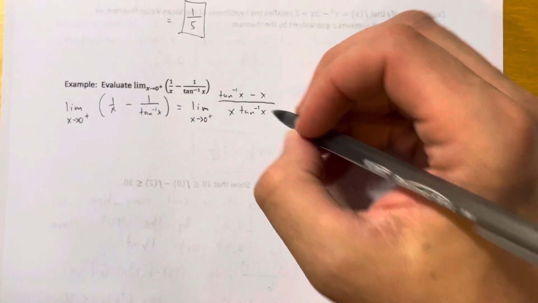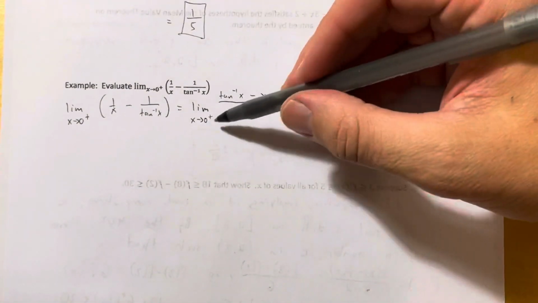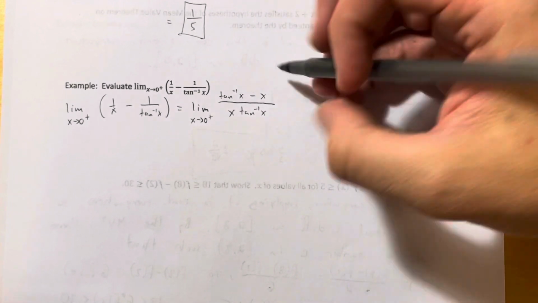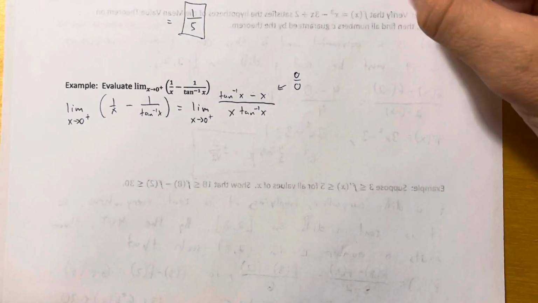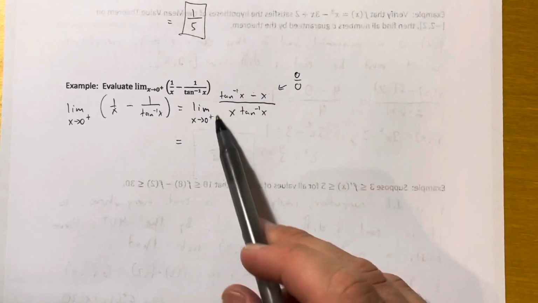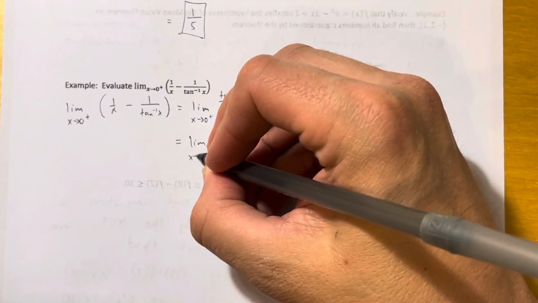Now, are we looking at one of those indeterminate forms that allows me to use L'Hopital's rule? Well, again, plugging 0 in directly gives me 0 minus 0 over 0 times 0. This is a 0 over 0 indeterminate form. That allows me to use L'Hopital's rule. So I'm going to do that. I'm going to take the derivative of the numerator and denominator separately.